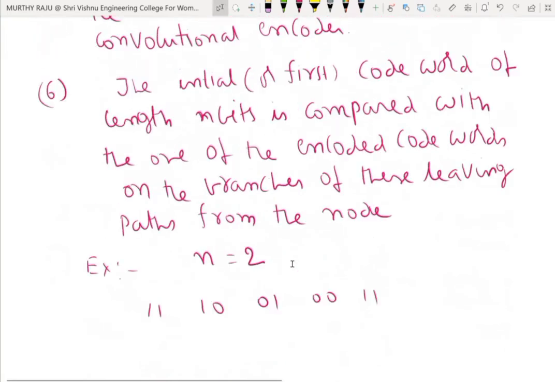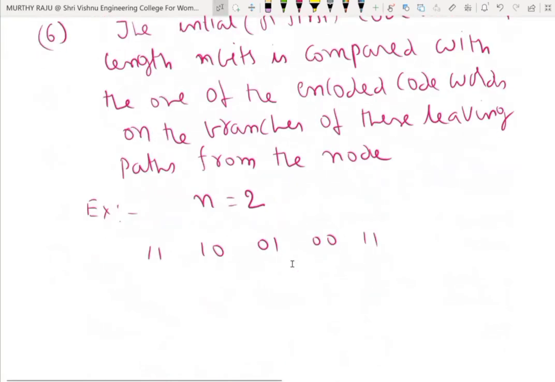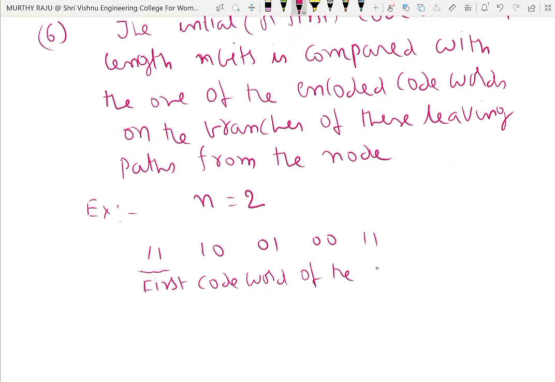The first code word of the received information is this one, of length 2 bits.